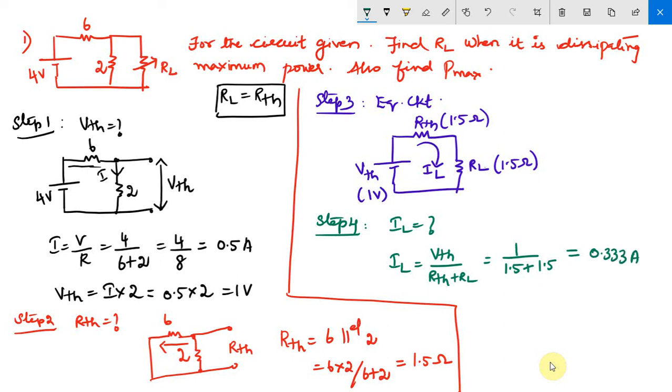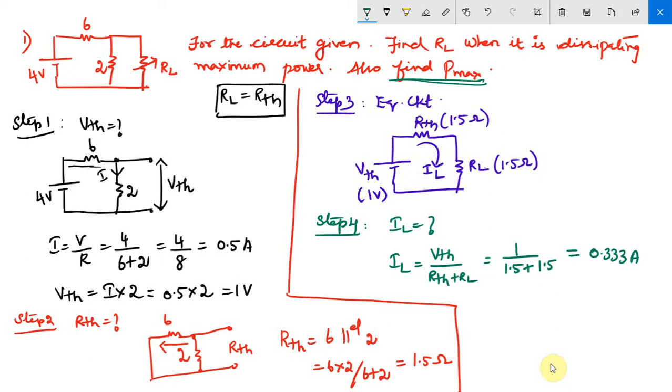What is the next step? We need to find the maximum power, because in the question they have also asked for Pmax. What is the formula for power? I square into R. Here we are going to find the power dissipated in the load, so we need to consider IL. So Pmax is equal to IL square into its corresponding resistance RL.